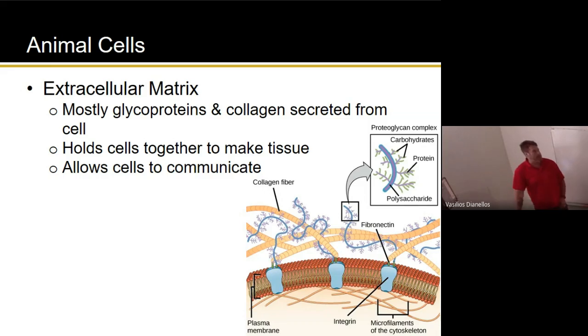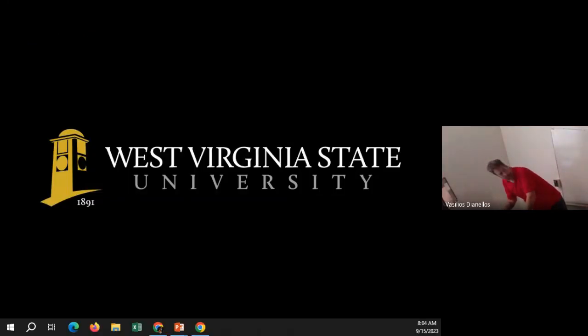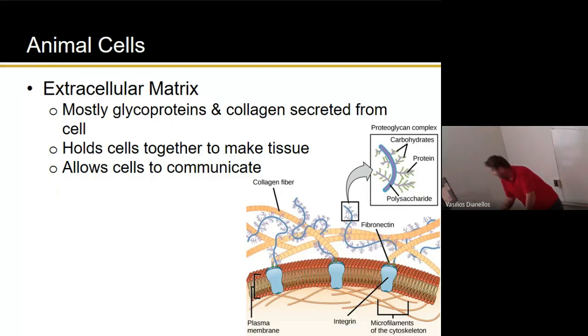We're done talking about plant cells. Let's talk about animal cells. On the outside, they have something called an extracellular matrix. I'm not going to ask you any of this, especially the details of what it's made of. It's the stuff that basically holds things together.